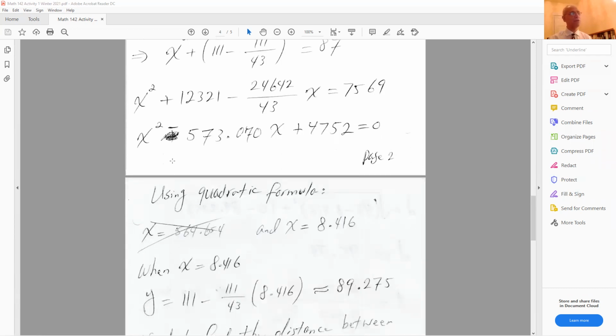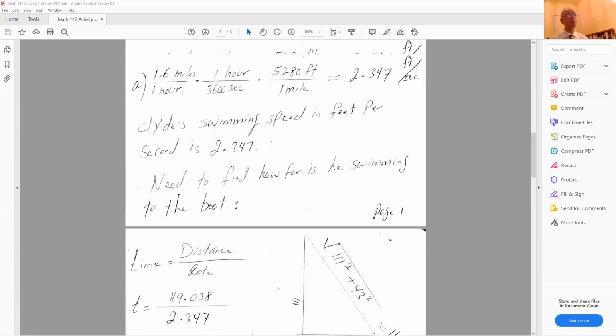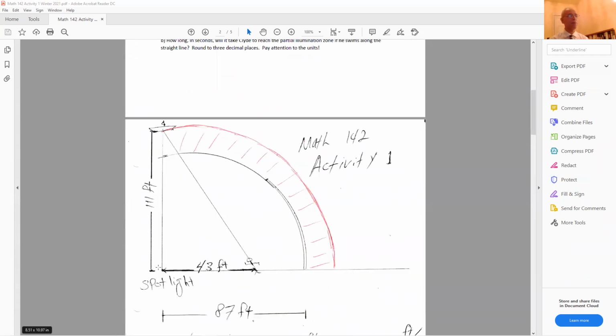Using the quadratic formula, I get x equals 564.654. I'm going to toss that. I don't need that one. That's way too far. The other solution is x equals 8.416 that I'm going to be using. It makes sense if you just look at down below this point of intersection right here, it makes sense for this part to be 8 point something.